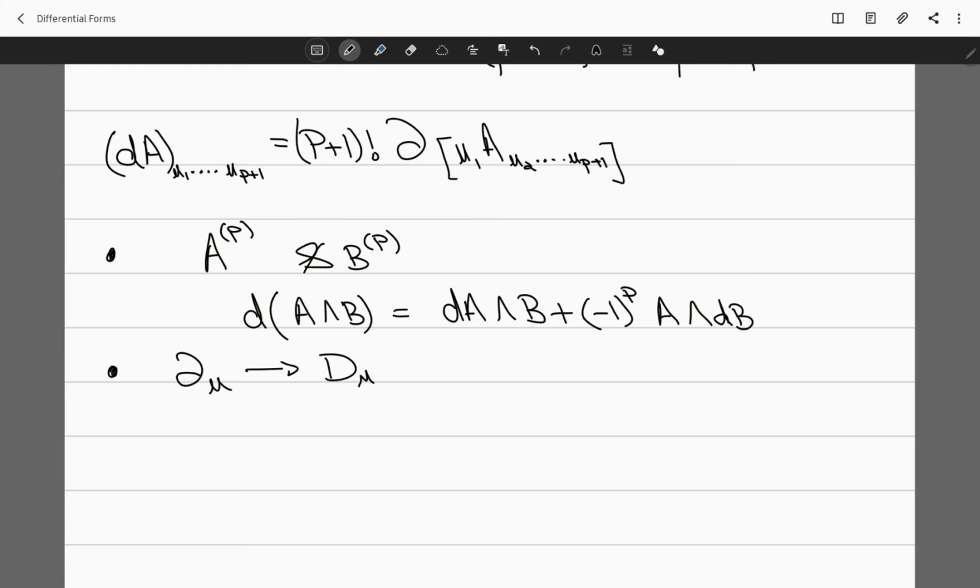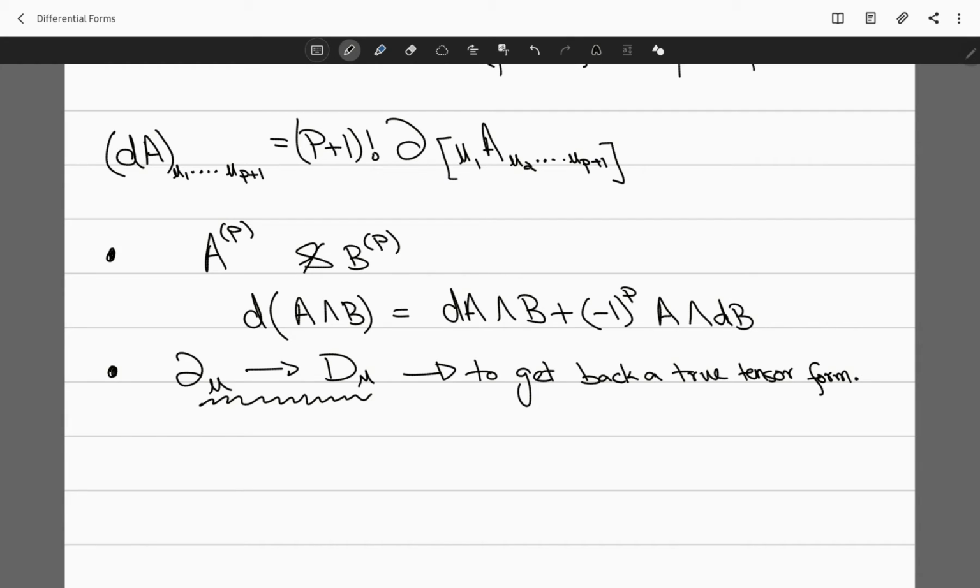Now, to get back a true tensor form, this is what you might think that you would need, right?